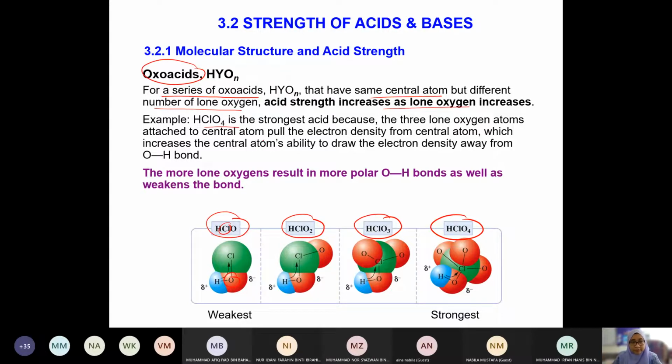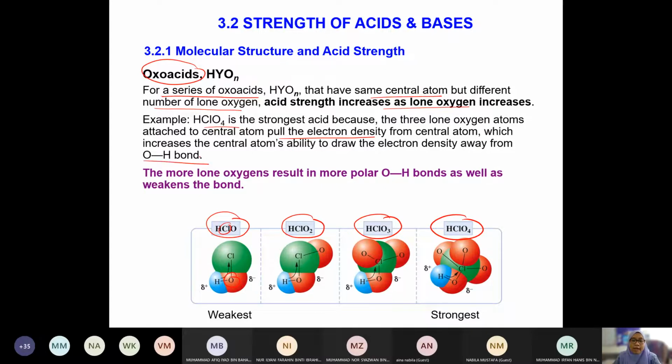Okay, alright. This will pull the electron density. Okay, bukan saya cakap push ke tadi. Saya patut kena guna pull. Tarik, withdraw ataupun pull. This will pull the electron density from central atom, which increases the central atom's ability to draw the electron density away from OH bond.